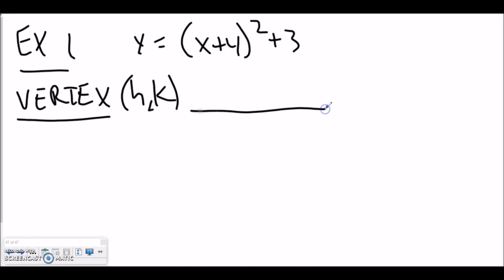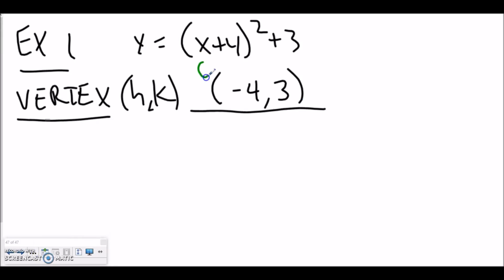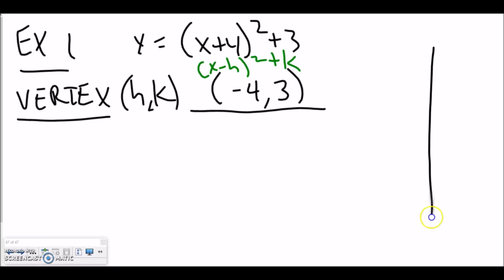In this problem, that is (-4, 3). Again, because of our (x minus h) squared plus k formula, our vertex is (-4, 3). So if we had to graph this, 4 left, 3 up, there's our vertex.